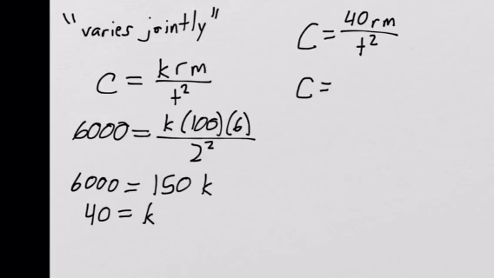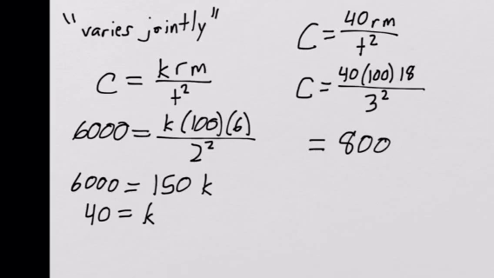So my radius is 100. My mass is 18. And my time is 3. And if I punch that into the calculator, it turns out that equals 8,000. So we get the centrifugal force as 8,000 dynes.